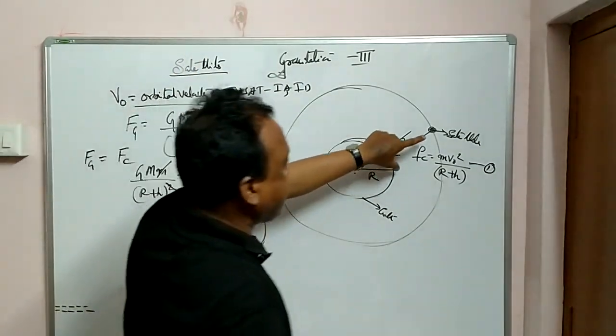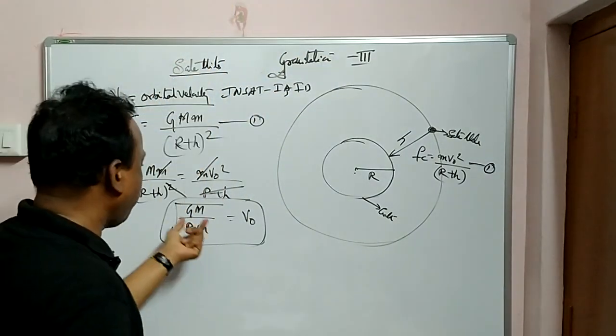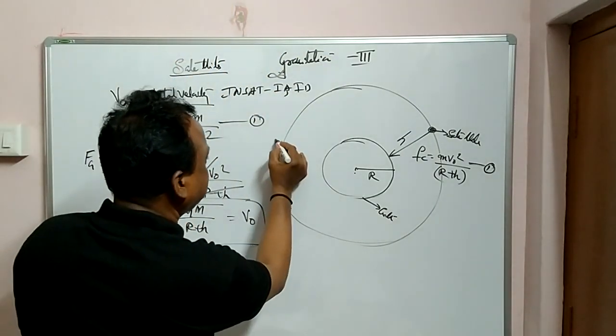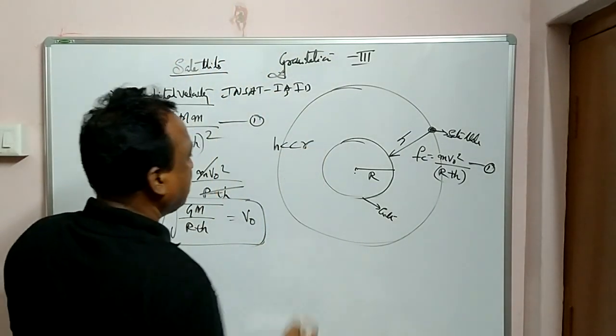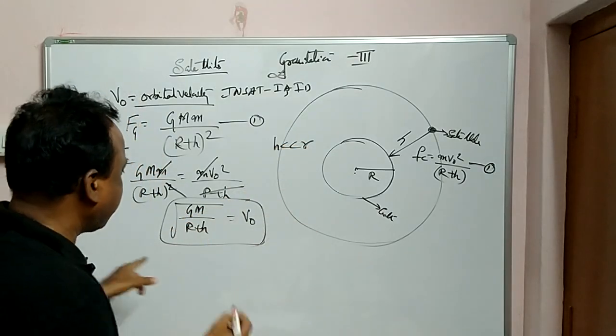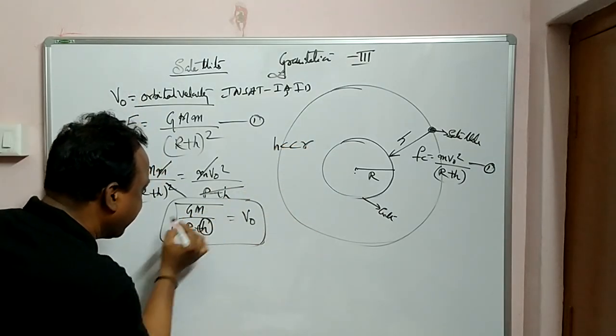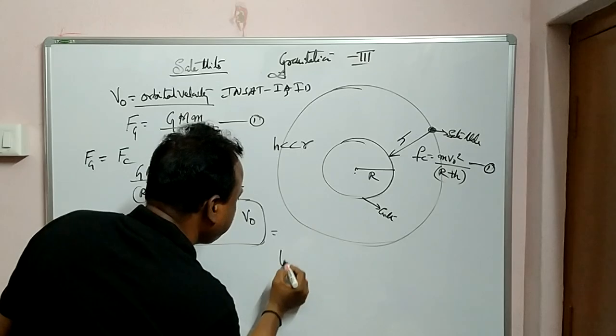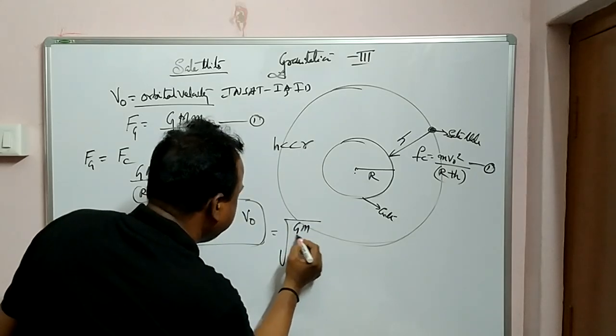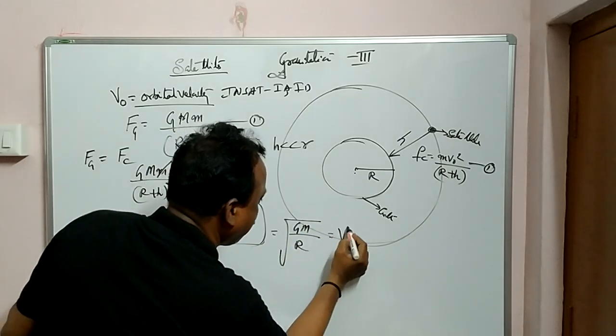Suppose the height of the satellite is very much less, then this height can be neglected. Then the formula becomes root over G M by r equal to v0.